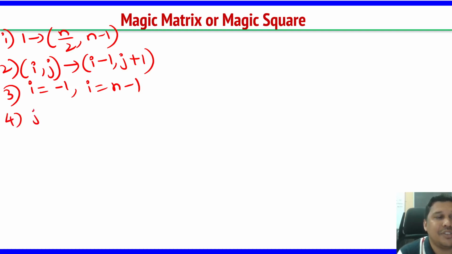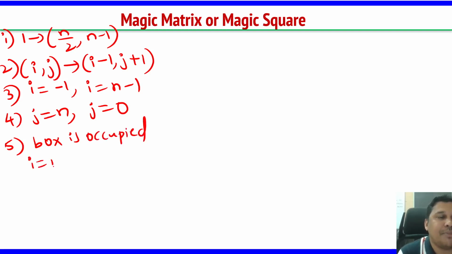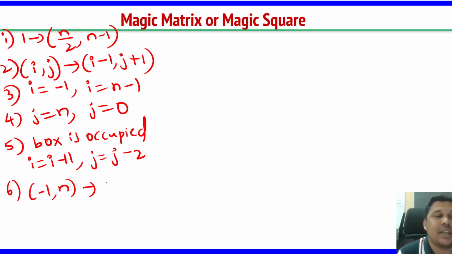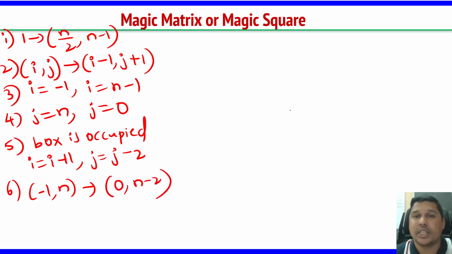Fourth rule, if j becomes n, I have to update j to 0. Fifth rule, if box is occupied, I should become I plus 1 and j should become j minus 2. Sixth rule, if I becomes minus 1 and j becomes n, then the new location should be 0 comma n minus 2. Okay, using these 6 rules, let us take n value as 5.